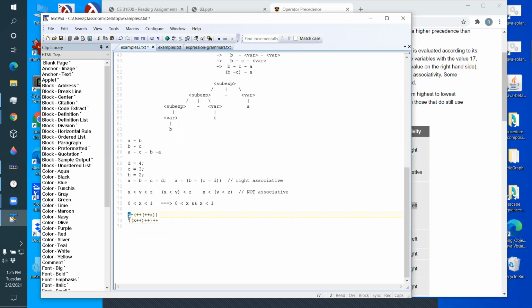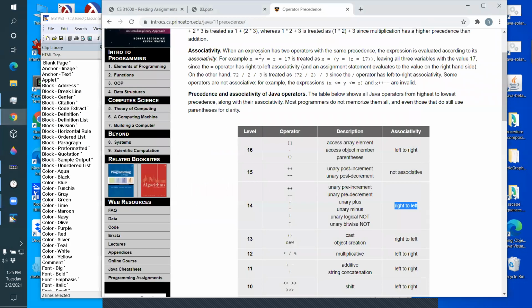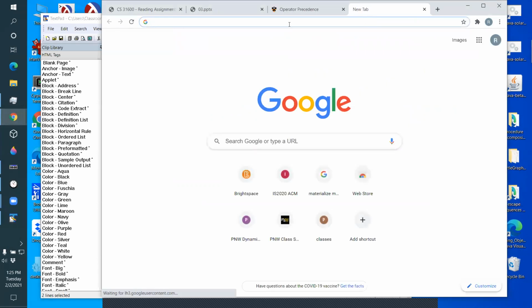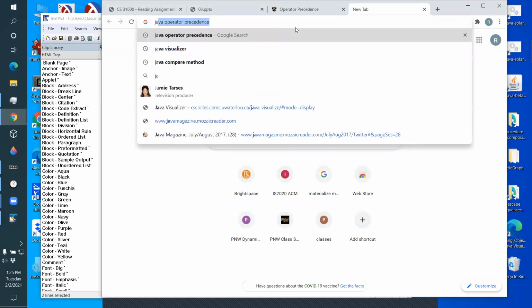How do we find out for sure if that's a legitimate piece of Java or not? Test it. How? Java Visualizer. Yeah, Java Visualizer is the easiest way. Otherwise, you have to write a Java program and compile it. So let's go ahead and try it. Let's take these and go to the Java Visualizer. That's one of the great things about the Java Visualizer. It lets you test things.